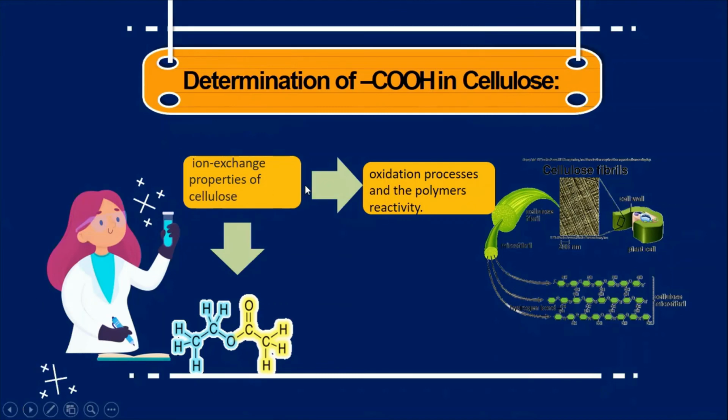The ion exchange properties of the cellulose fibers are mainly determined by the content of carboxylic groups, and these properties can be used to determine the number of accessible groups, which is of special importance when determining, for example, oxidation processes and polymer reactivity. In this way, the carboxylic group is determined in cellulose.